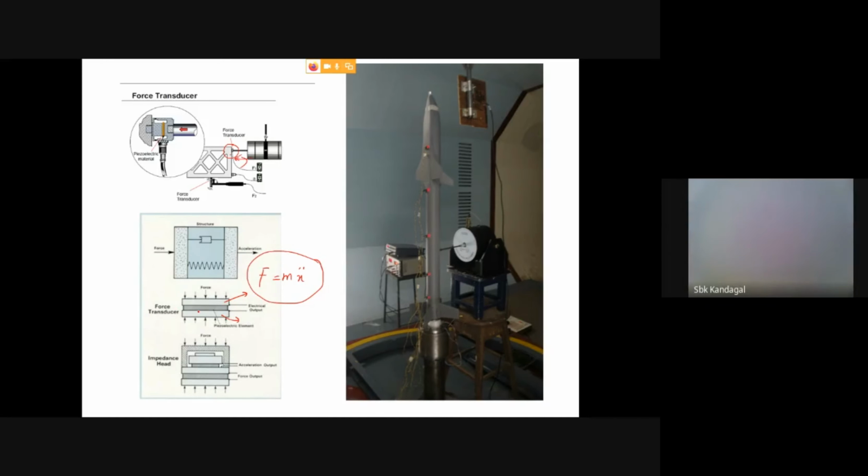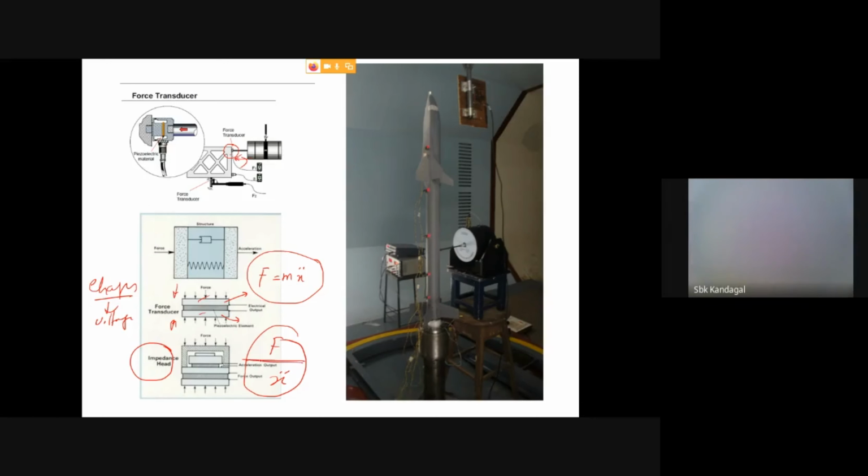You have a sandwich of two discs and one patch. Whenever there is a force on the sandwiched element, it will generate charges, and those charges are converted into voltage. Another terminology you should note down is the impedance head. What is the impedance head? It is the combination of the accelerometer and the force transducer in the same instrument.